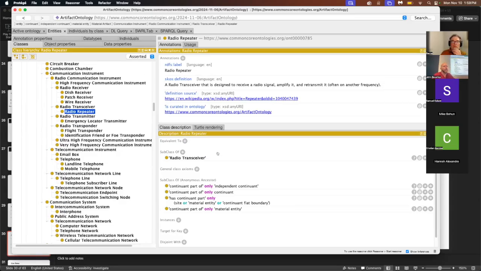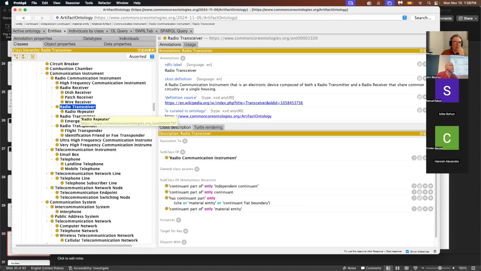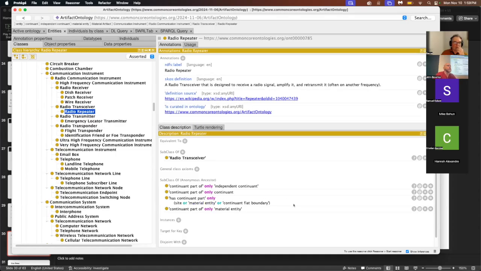For example, a radio repeater: a transceiver that is designed to receive a radio signal, amplify and retransmit it, often on another frequency. You see the axiomatization it has, it's just listed as a subclass of radio transceiver. It is not inheriting anything from radio transceiver because there are no axioms for it to inherit. What it is inheriting are axioms from BFO, namely the continuant parthood mereology and disjointness.